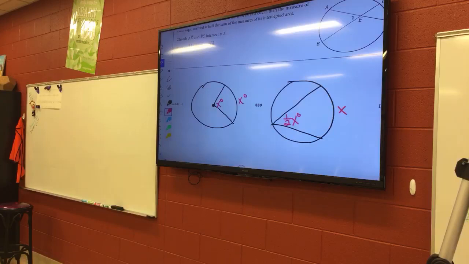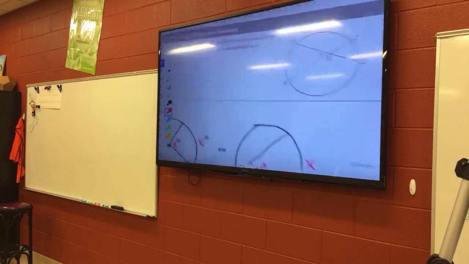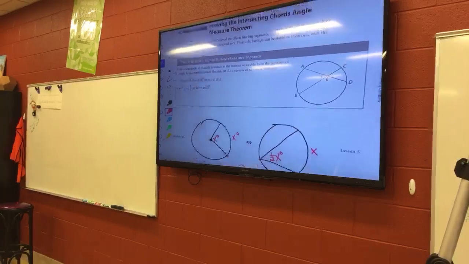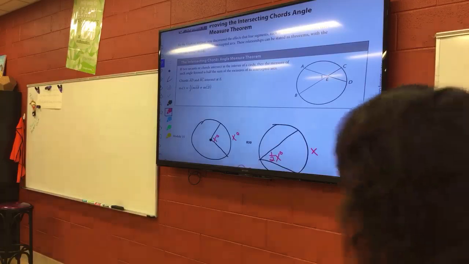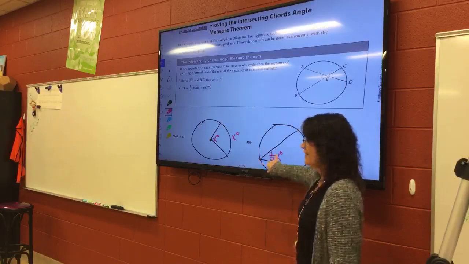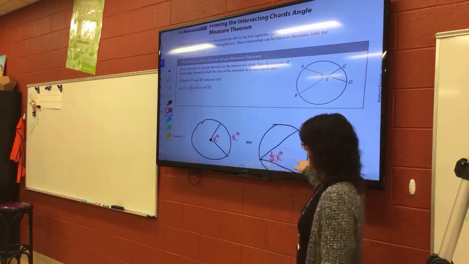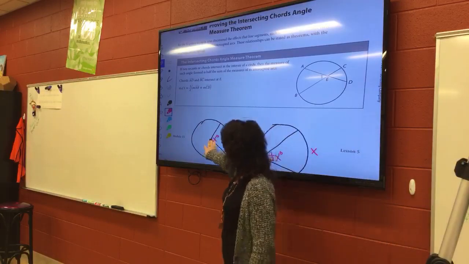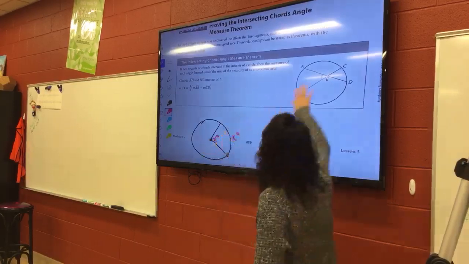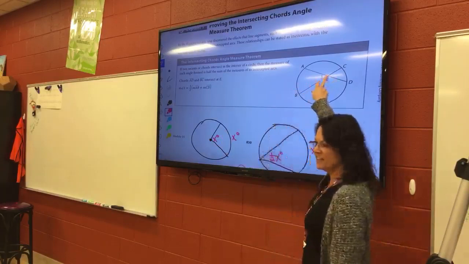So, all right. We know if the vertex of the angle is on the circle, this is half of this, okay? We know if the vertex of the angle is in the center of the circle, they're equal. Now, this is not on the circle.